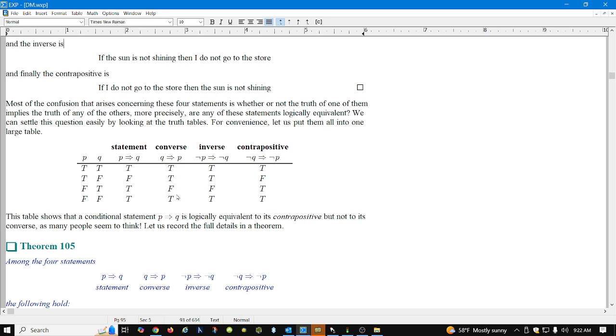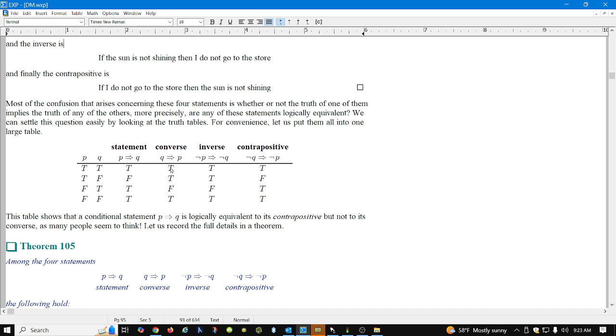The converse happens to be logically equivalent to the inverse. The most important takeaway from this, you really should take away this entire table and which is logically equivalent to which. But the most important thing is that a statement is logically equivalent to its contrapositive, but not to its converse.